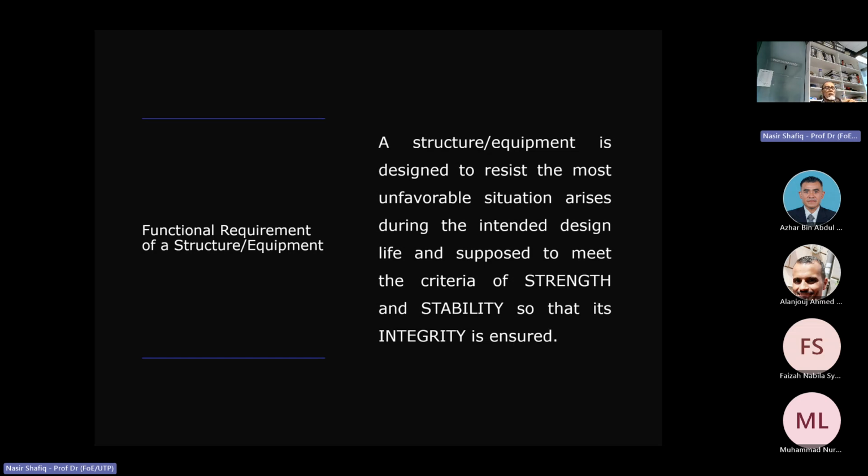As I think last week we covered strength, which means that whatever equipment or structure will be subjected to external loading. Like this shaft, there will be pulling action, pushing action.